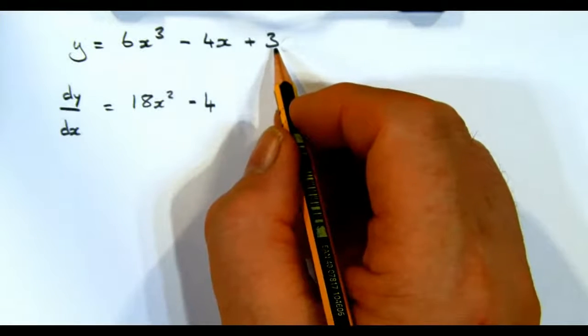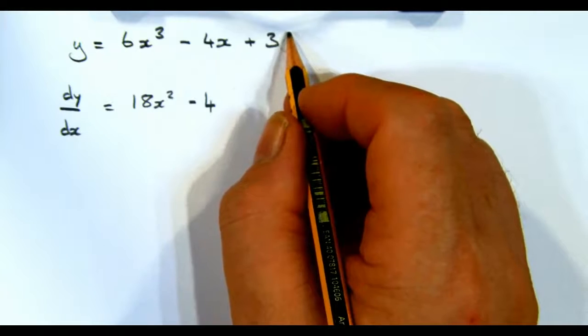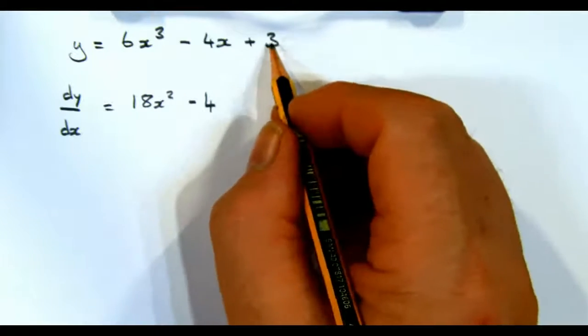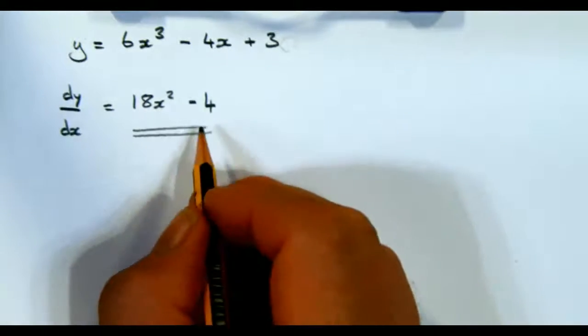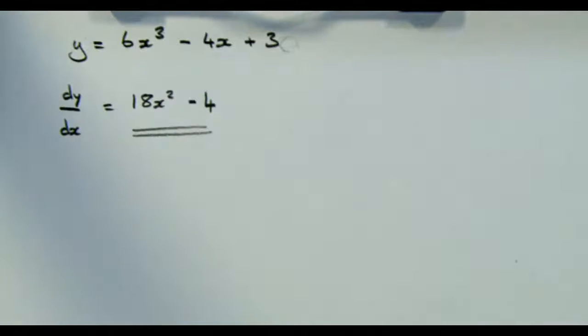So because it's got no value of x, then it just disappears, and we're left with our solution 18x squared minus 4.